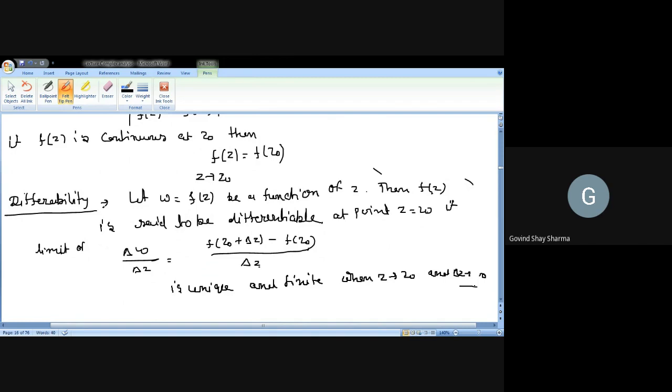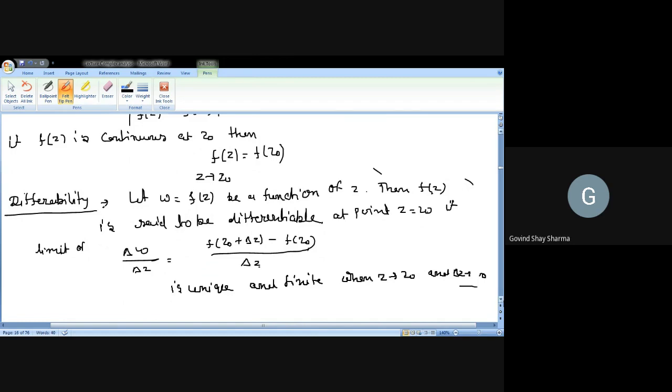So these are some important definitions. In real analysis, we already know about limit, continuity and differentiability, but here one concept is added, which is called the analytic function.